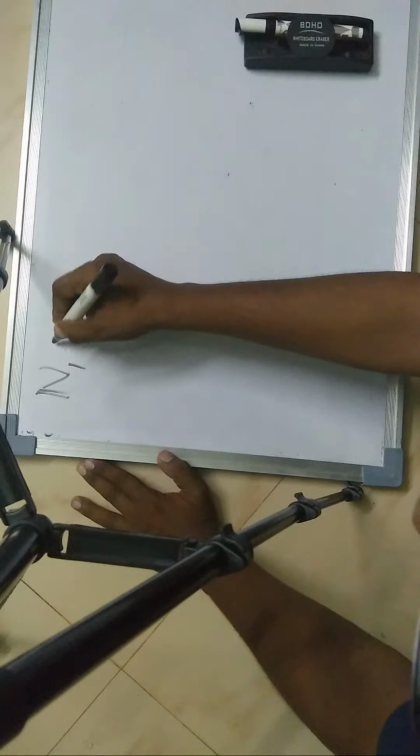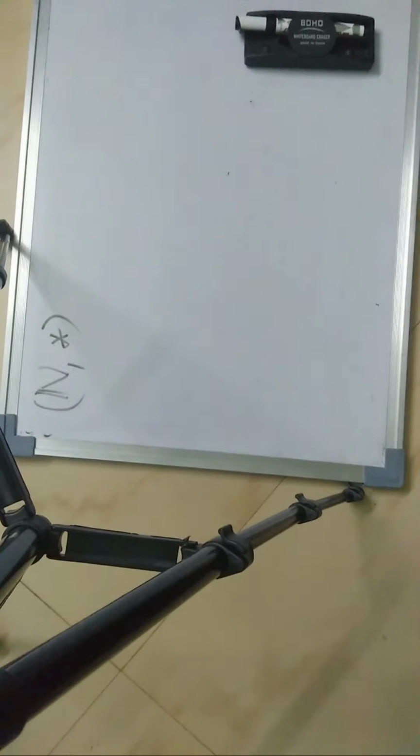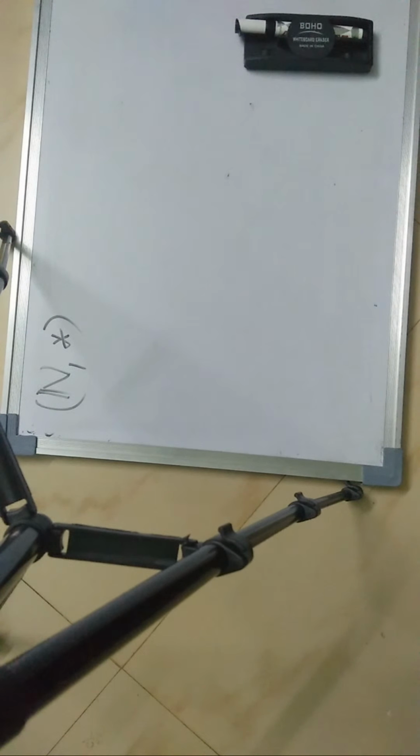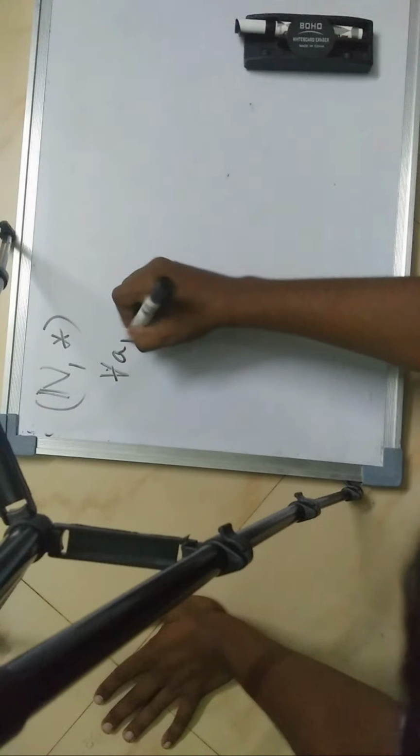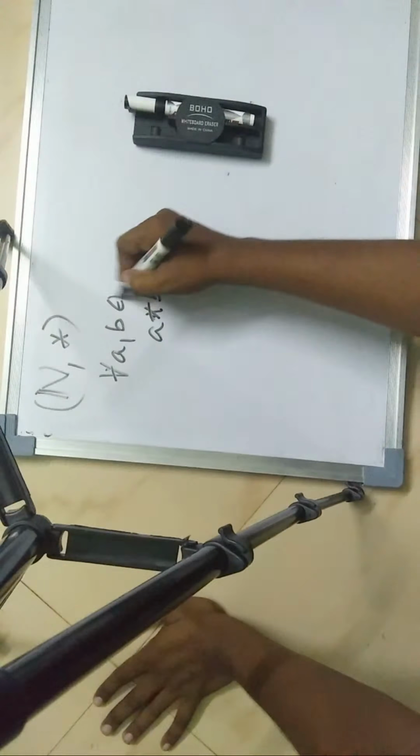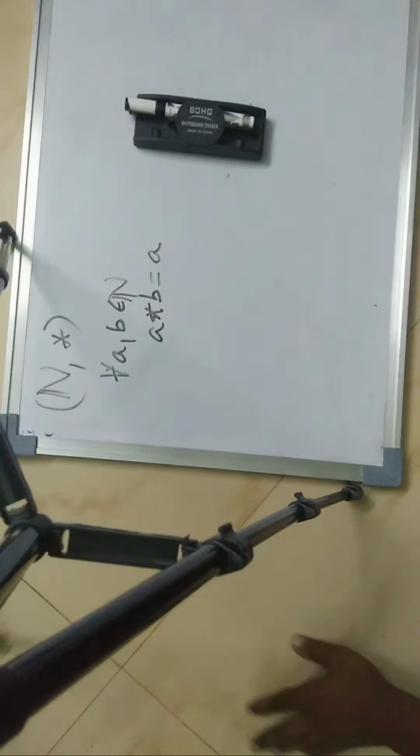N under star, where star is defined to be, given any a, b in N, a star b is defined to be the first element. Okay, fine.